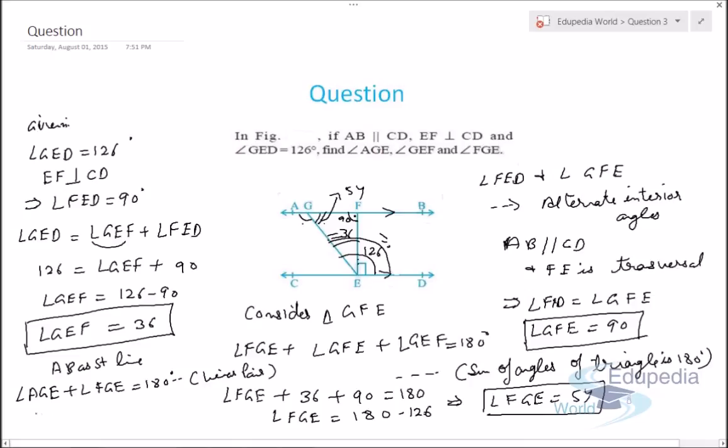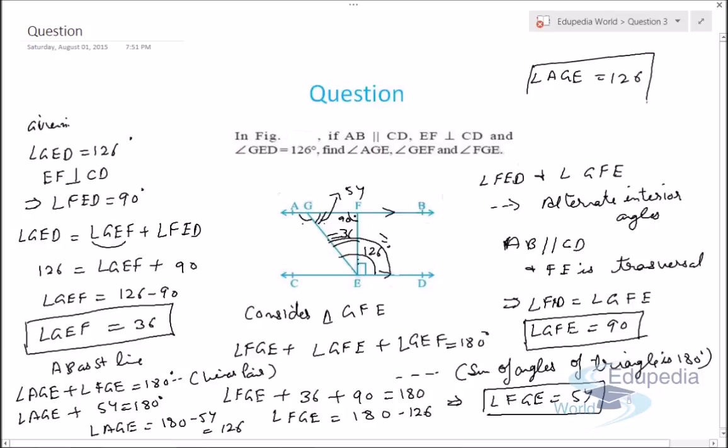So angle AGE plus FGE, which is 54, will be equal to 180. So angle AGE will be equal to 180 minus 54, which is 126 degrees. So this is the way you can find this angle.